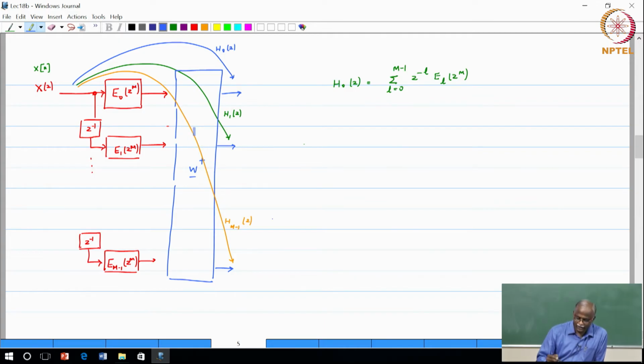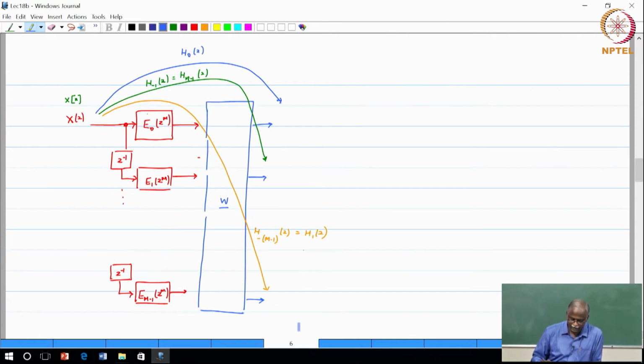Again, this structure was derived in the last class. Now moving ahead, you could change it to the DFT matrix, we showed that, but then the filters will be somewhat shifted. They are not in the same positions, but you get basically the same output even in that case.